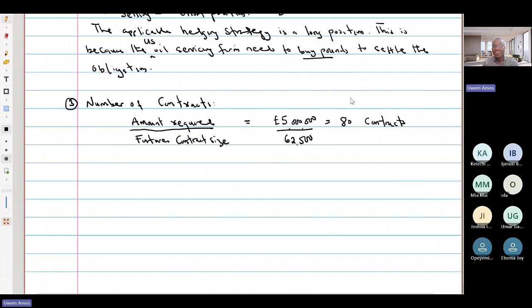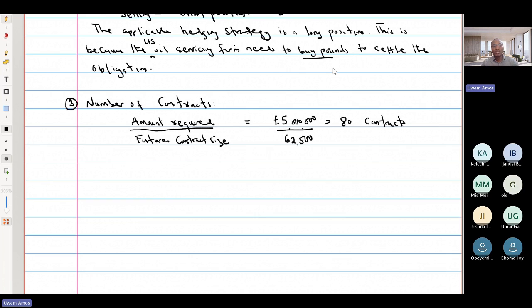Yeah, addressed that. Okay, so 80 contracts. So that's our first 3 steps, pretty straightforward. The date, we know how to check that. The hedging strategy, we know how to check that. The number of contracts, we know how to check that. Now let's go into the concept of basis.